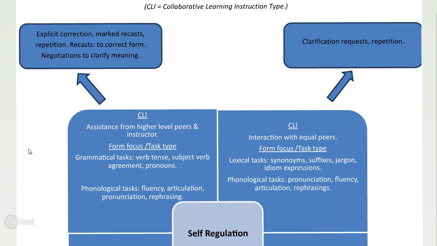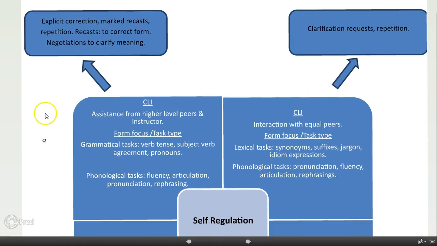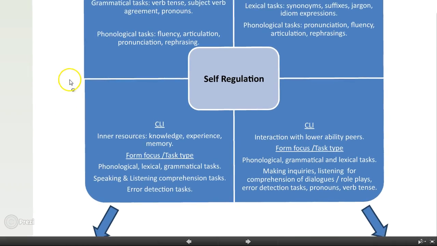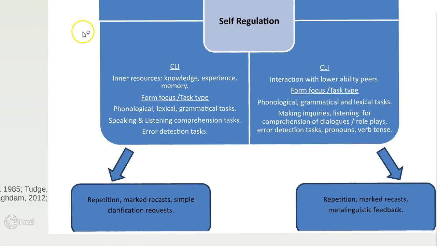When we look in the bottom left-hand corner, inner resources, knowledge, experience, and memory, in these instances I think the tasks are going to be possibly speaking and listening, comprehension tasks, or an error detection activity.